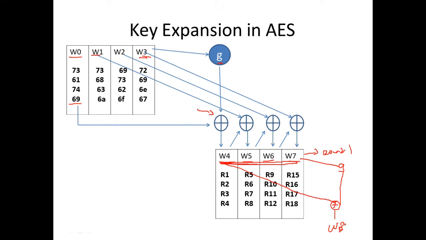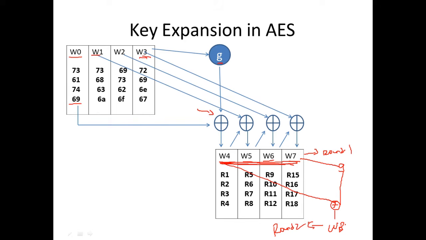So again W8 should be XORed with W5 to get W9, and W9 should be XORed with W6 to get W10, and W10 should be XORed with W7 to get W11. So using these 4 words, we'll be able to generate the next 4 words that will be used in round 2. Like that, we will be generating all the 40 words required for 10 rounds.